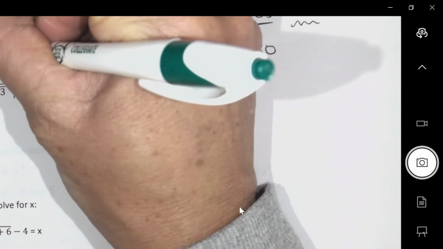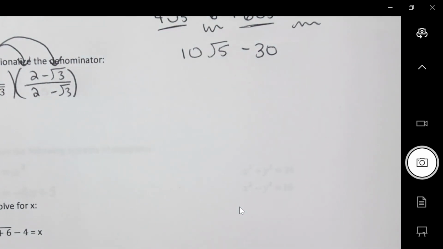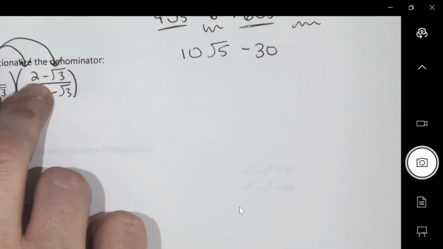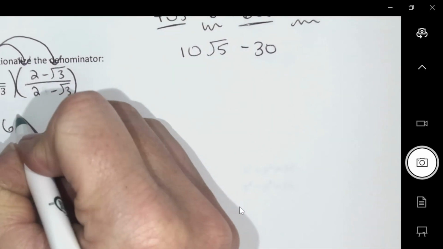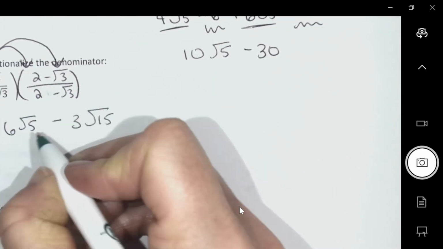Okay, on the top, we're going to do that. So I get 6 root 5 minus 3 root 15.